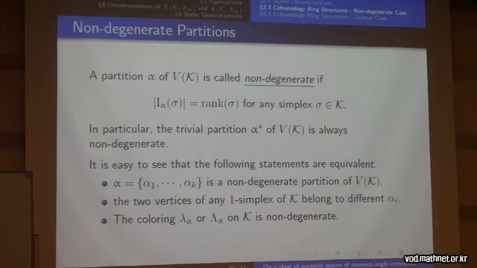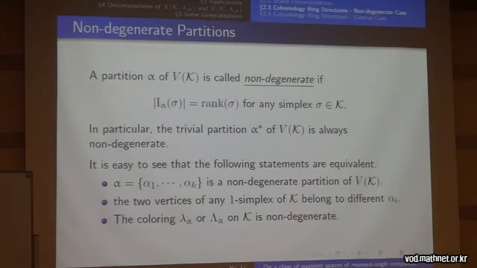So the first case is called non-degenerate. A partition is called non-degenerate if, for any simplex sigma, the number of elements in I alpha sigma equals the rank of sigma. It means the vertices of sigma are colored by different colors.